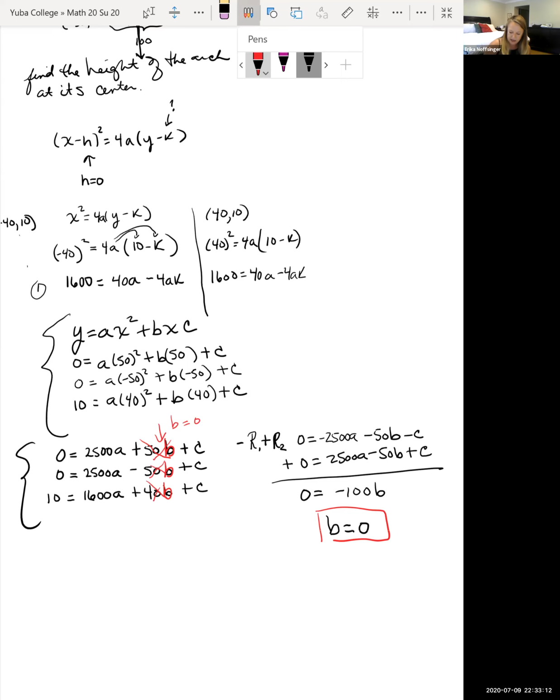So let's look at, we have 0 is equal to either 2,500A plus C. Well, again, that's the same equation below, or 10 equals 1,600A plus C.